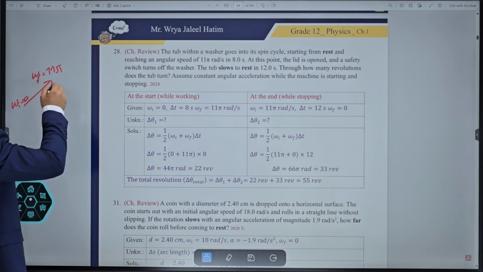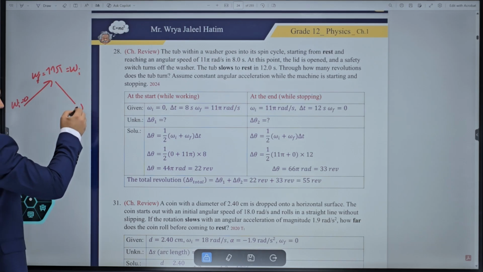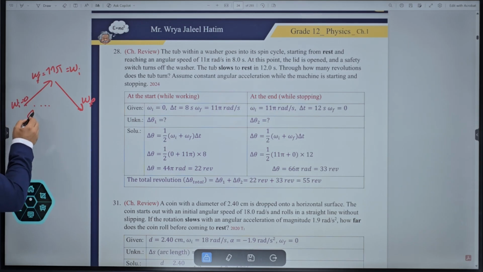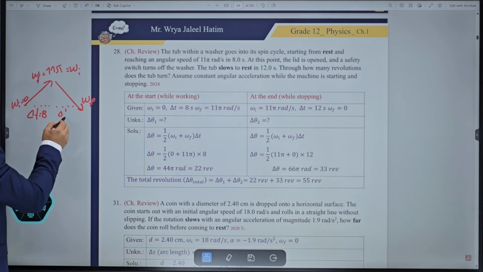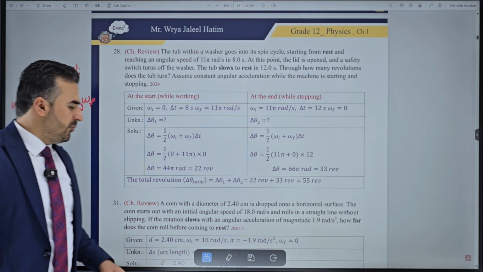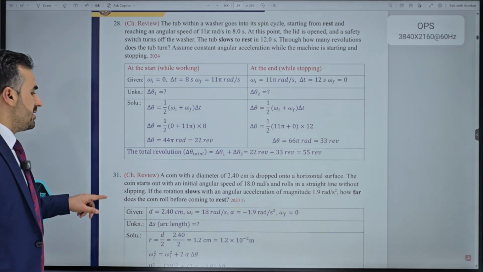And then for slowing down, this side would be the initial, and then the final would be 0 here. Remember, for this part it takes 8 seconds. For slowing down, it takes 12 seconds here. This diagram would help you understand the question and solve it way easier.